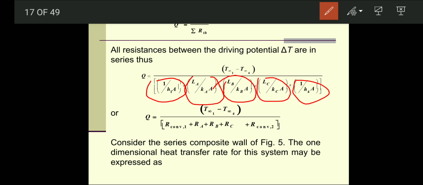This equation can also be written as Q is equal to T infinity 1 minus T infinity 4 divided by R convection 1, Ra, Rb, Rc, the conductive resistances, and again R convection 2. Consider all this as a series composite wall. The one-dimensional heat transfer rate for this system may be expressed.